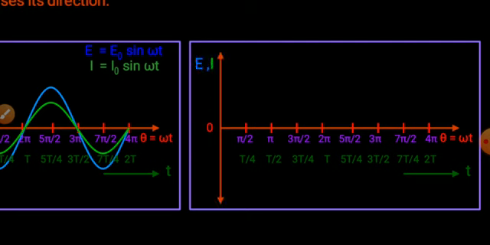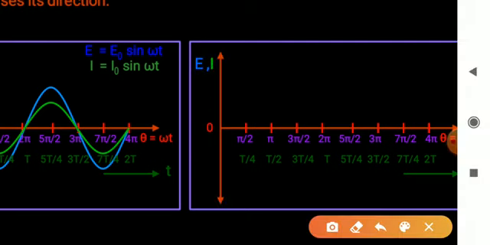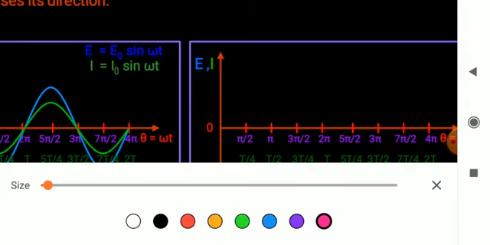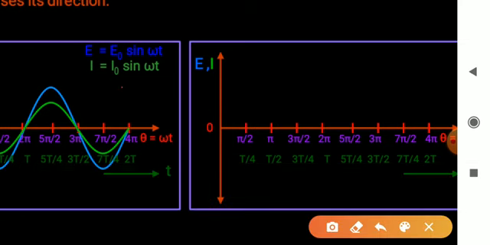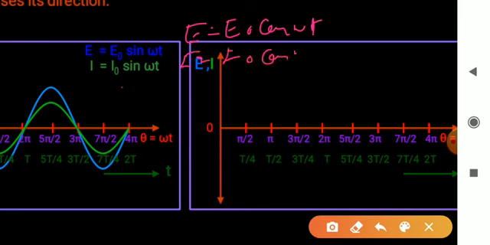So we have E equal to E naught cos omega t and I equal to I naught cos omega t. If we put omega t is 0, cos 0 is 1, so E equal to E naught, and I equal to I naught.